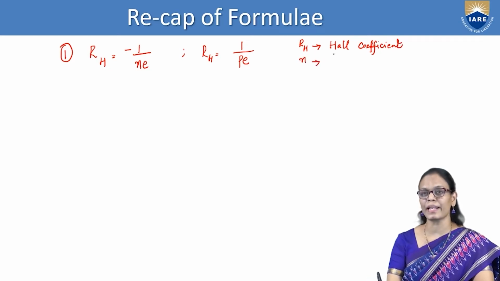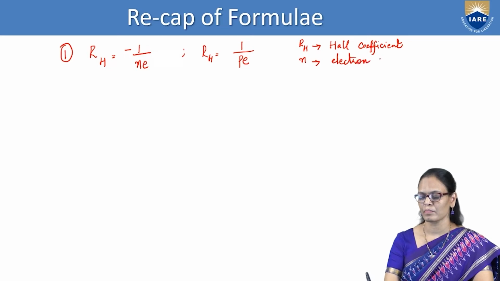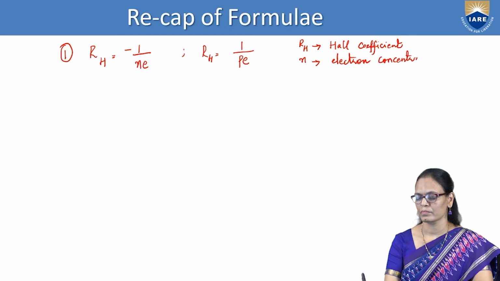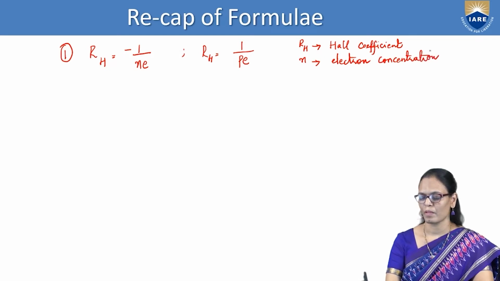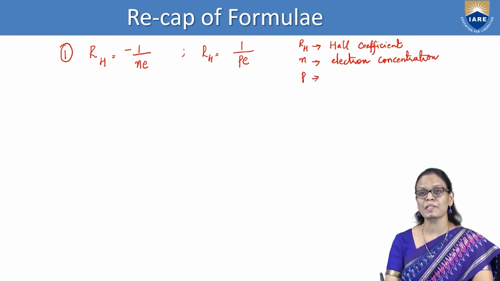N represents the electron concentration. P represents the hole concentration. And E is the charge of the electron.